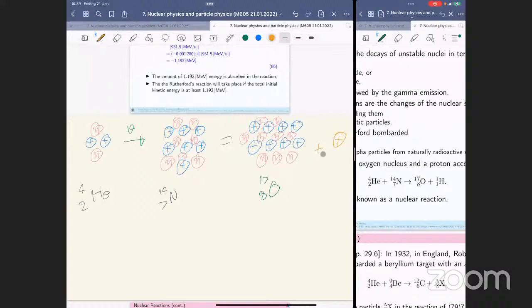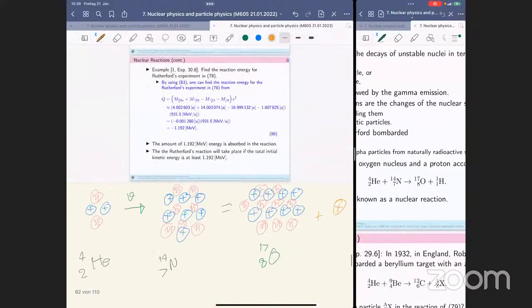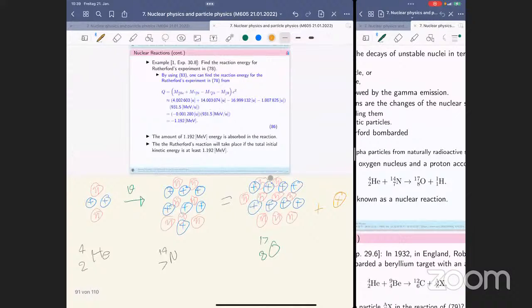Both could move, if they have enough remaining energy. This is the product from the result of the experiment by Rutherford.